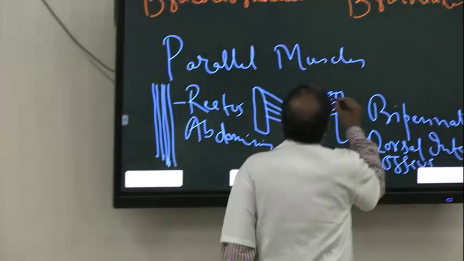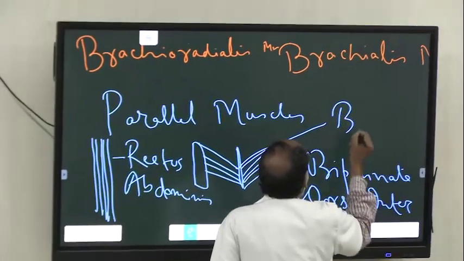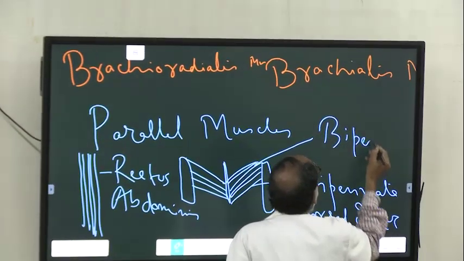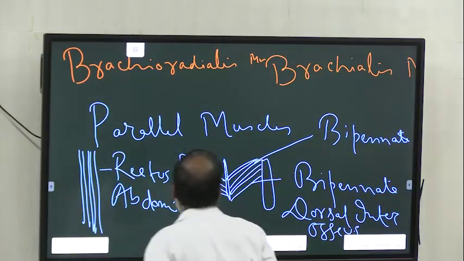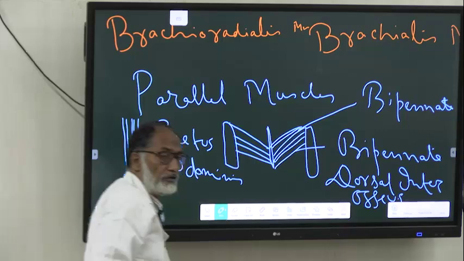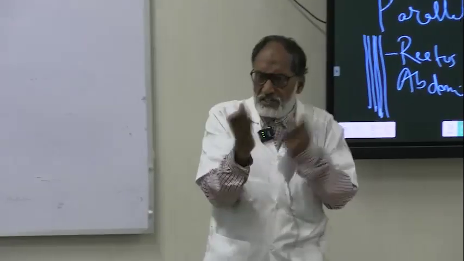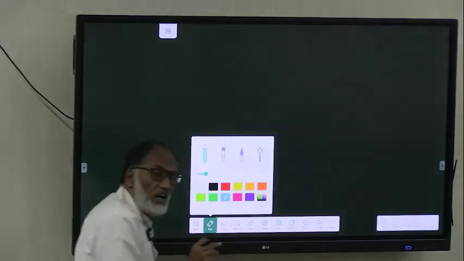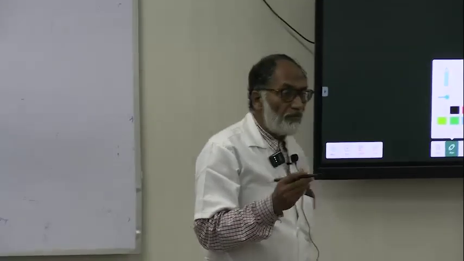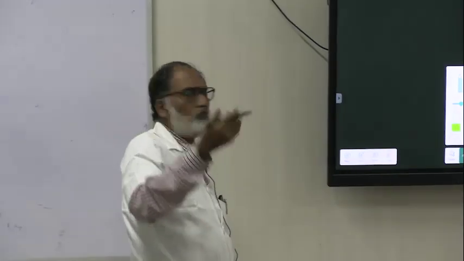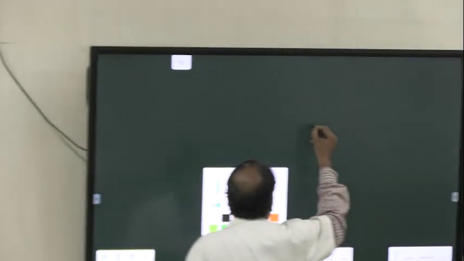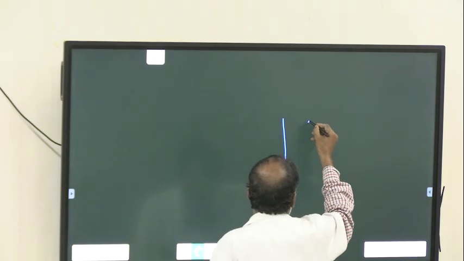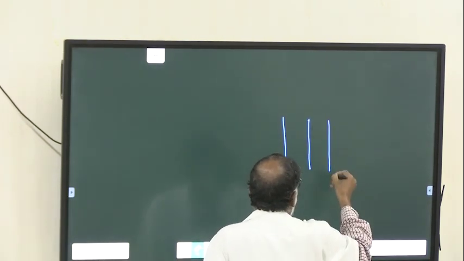And bipennate. When there is one single, it is only unipennate. Now multipennate means more than two. Here you see one tendon, here another tendon, another tendon.